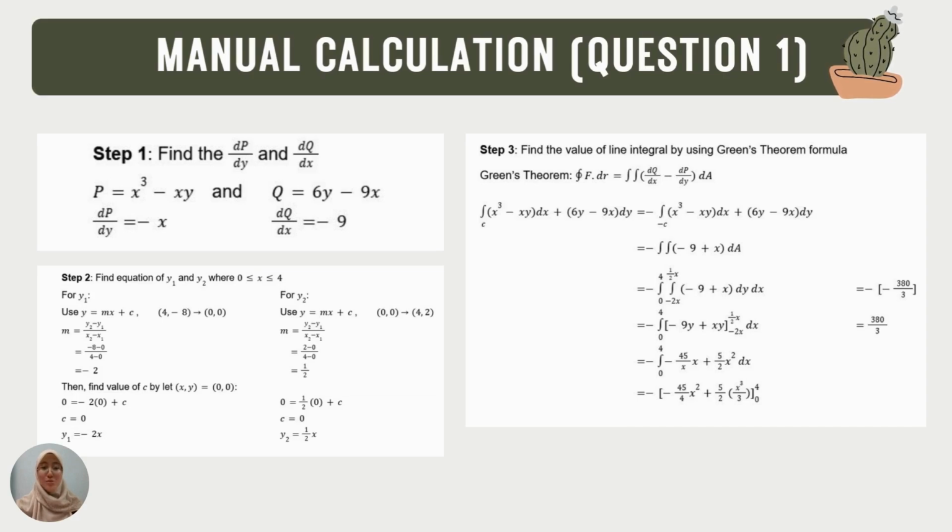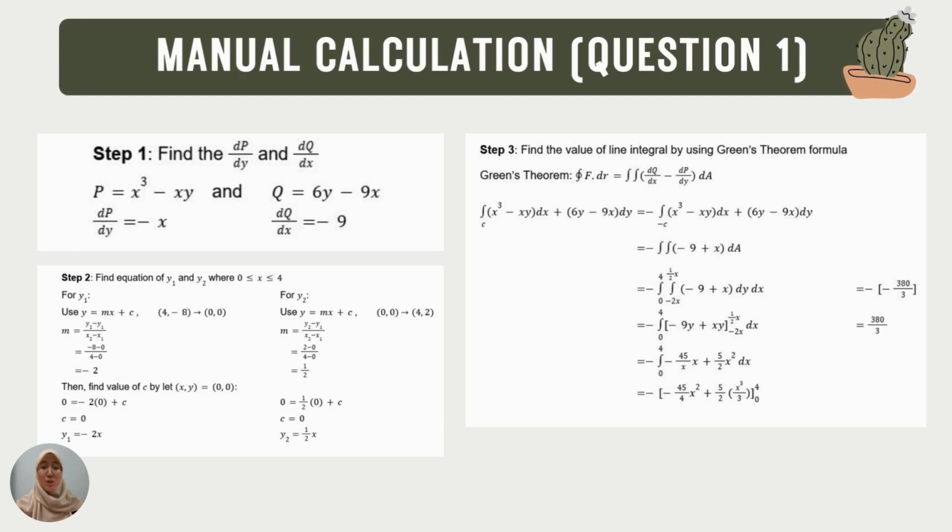For the second step, we need to find the equations of y1 and y2, where the limit of x is from 0 to 4. For y1, we apply the general equation of a line for the coordinates from (-8, 0) to (0, 0). First, we find the value of m, the gradient, using the formula y2 minus y1 over x2 minus x1.